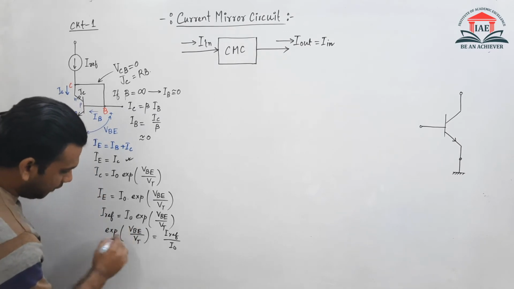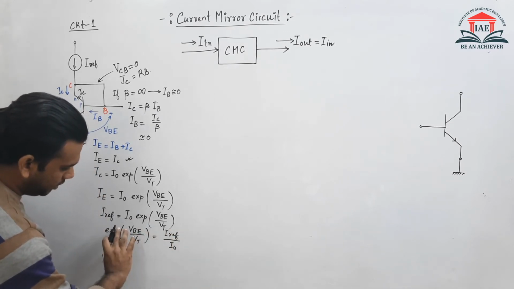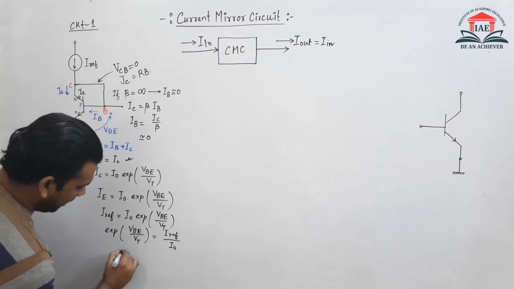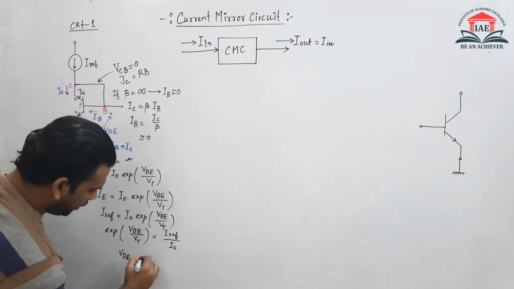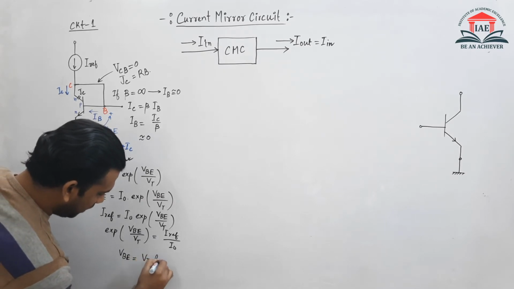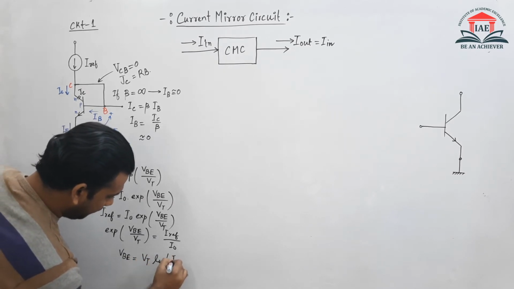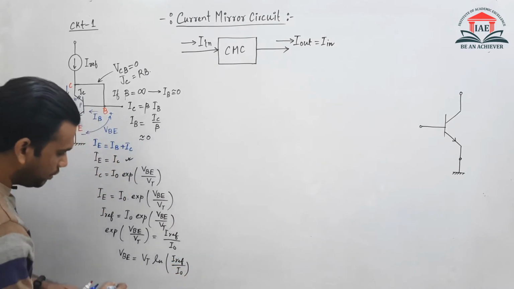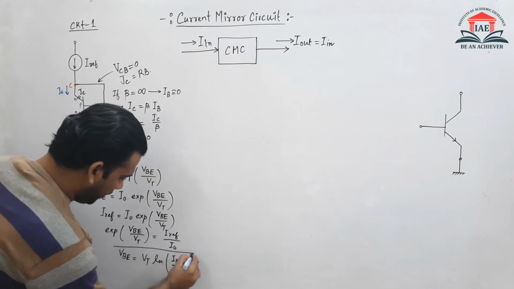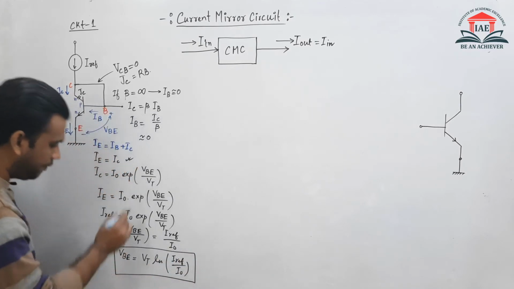If we take ln on both sides, then I can write VBE equals VT ln I reference divided by I0. So this is the equation of VBE we have got from this transistor.